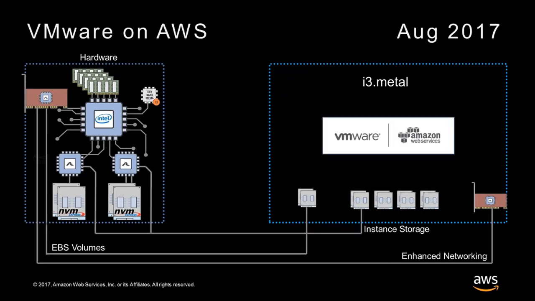This story wouldn't be complete if I didn't mention VMware on AWS. This was actually launched on top of i3.metal back in August of 2017. And uses the same underlying architecture of everything that we've talked about so far to allow customers to run VMware-based software-defined data centers within AWS.